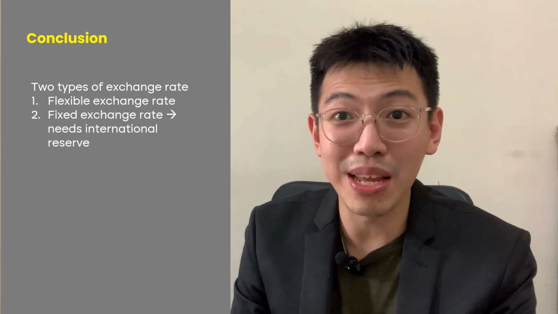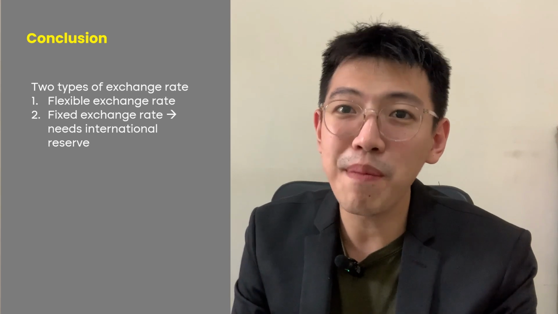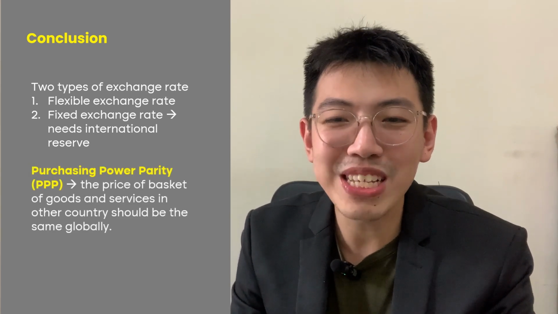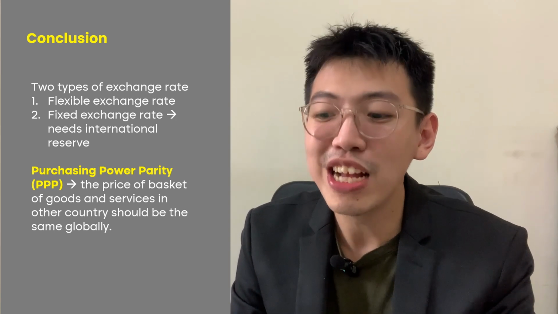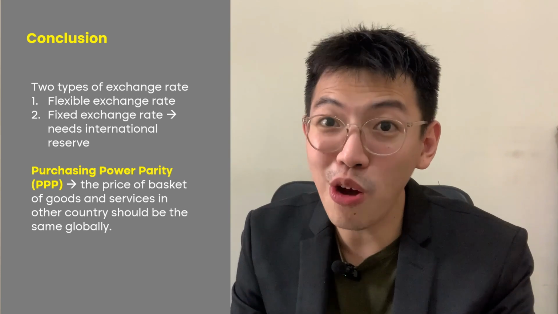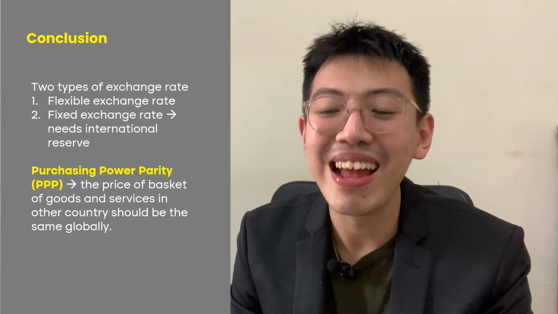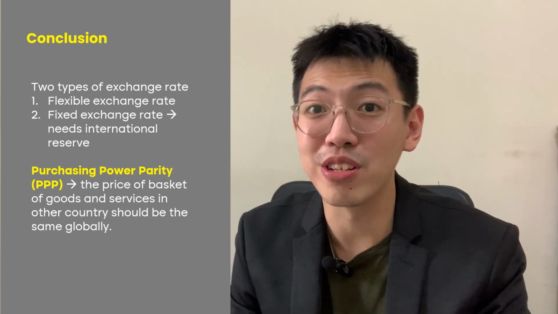That is also an important theory of exchange rate, that is purchasing power parity or PPP. It states that the price of a basket of goods and services in other country should be the same globally, referred to its nominal exchange rate. This theory works for the long run but also has several shortcomings.